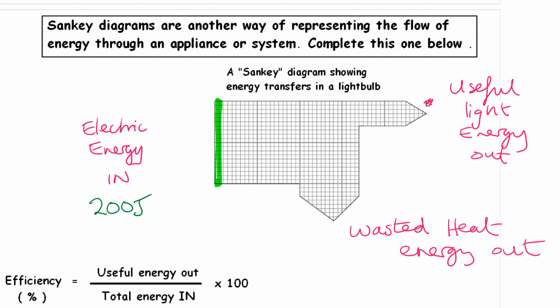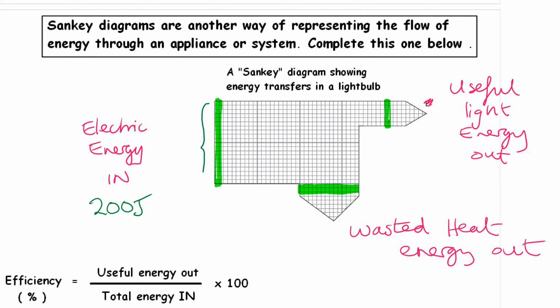And it's this width that represents the useful light out. And it's this arrow width that represents the wasted heat energy out. And it's actually to scale. Let me show you, right?